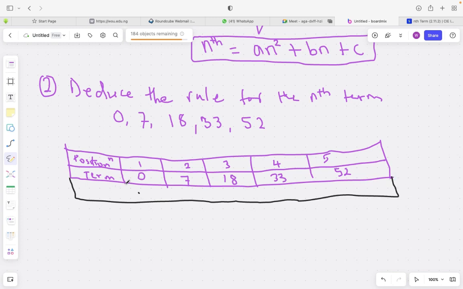So this is first difference. Then this is second difference.